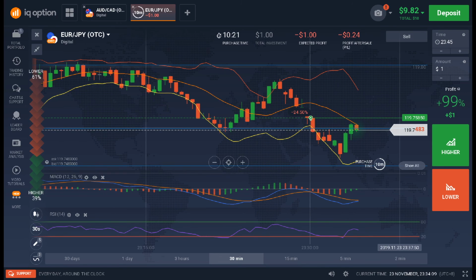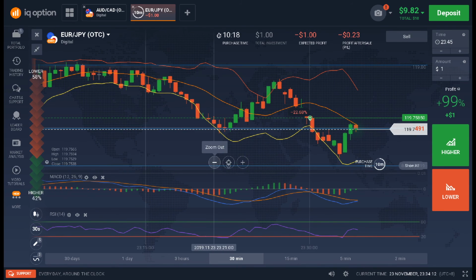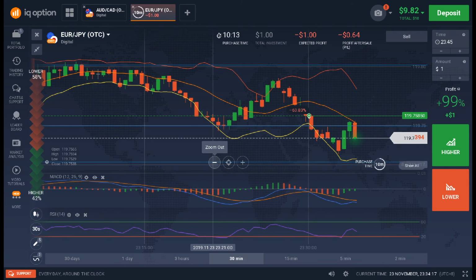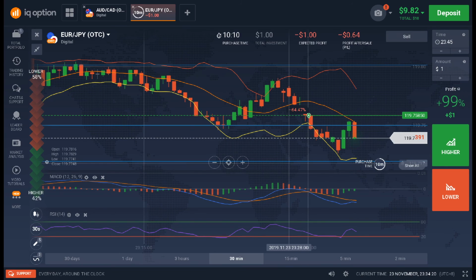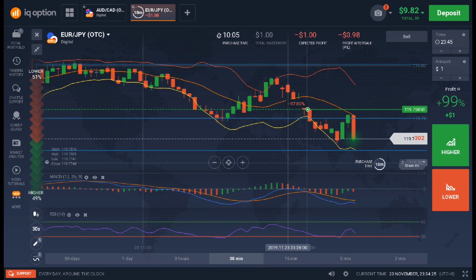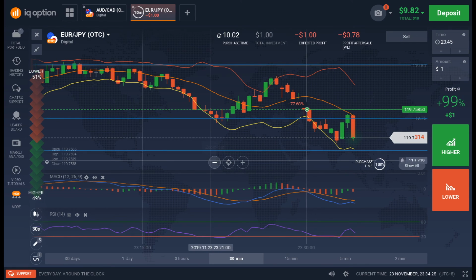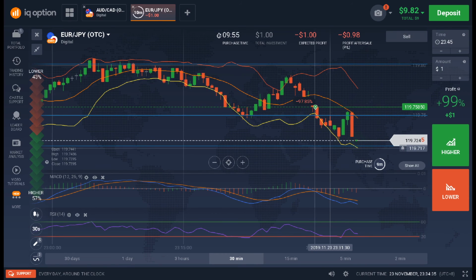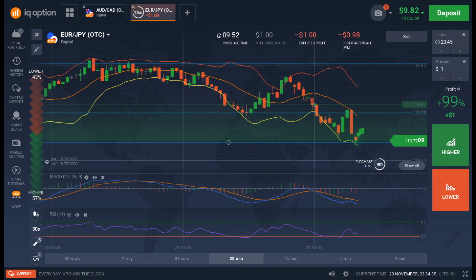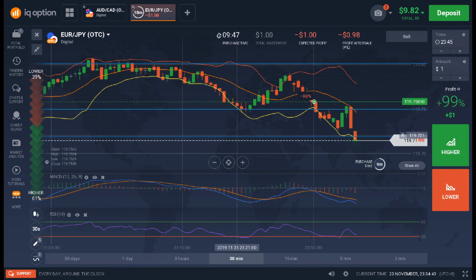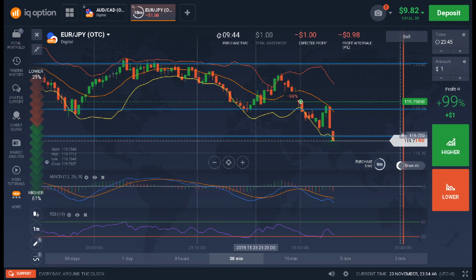And let us see if this last trade is going to give us that positive. Ooh, I hate you. Let's see if this is going to give us that positive ending. We still have 10 minutes left here. Some more downward movements.